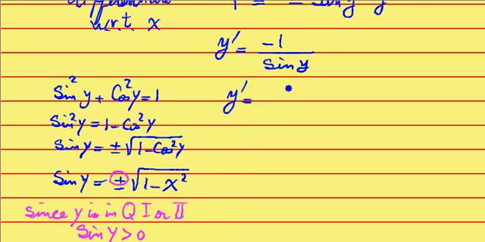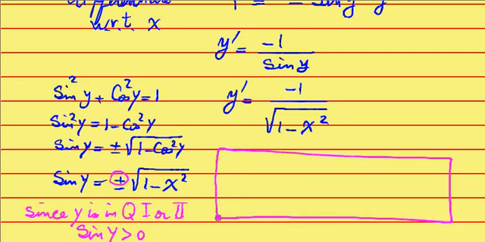Y prime becomes minus 1 over, instead of sine, I will write the square root of 1 minus x squared. That finishes it up. So let's repeat ourselves. What we discovered is that cosine inverse of x differentiated is equal to minus 1 over the square root of 1 minus x squared.